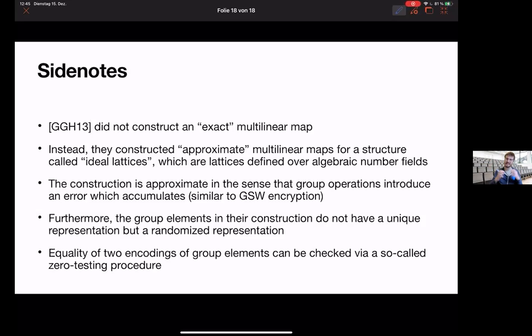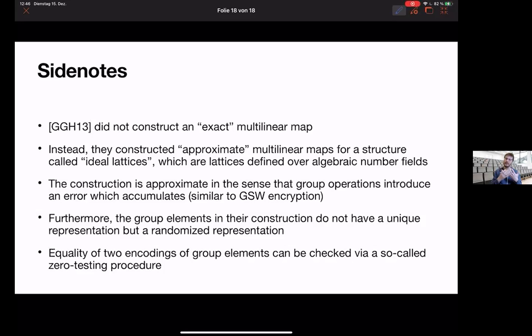A zero testing procedure, you can think of as a publicly computable operation, which allows anyone to test whether two ciphertexts encrypt the same thing, or whether two group elements encode the same ZP element, right? Of course, if you have anything like that, you can't be CPA secure anymore.